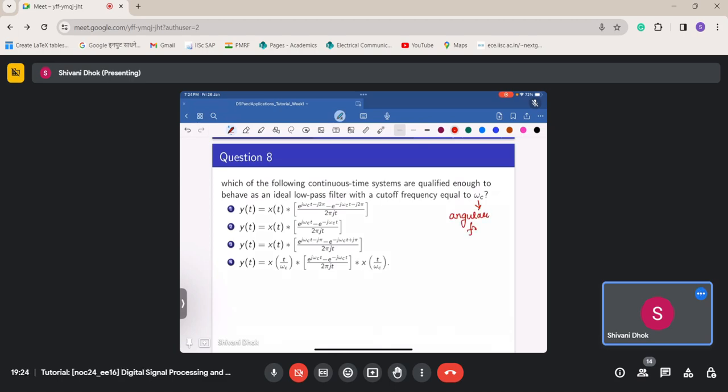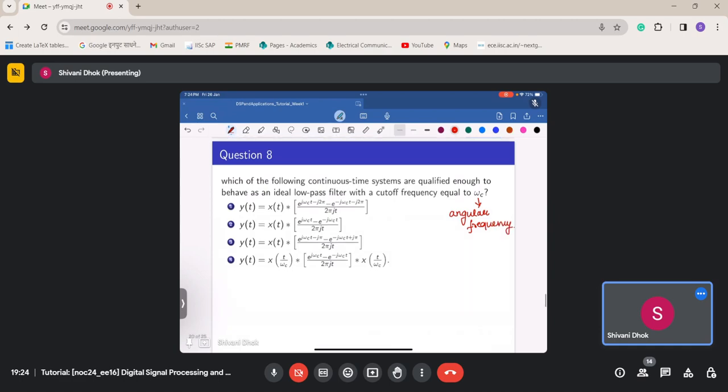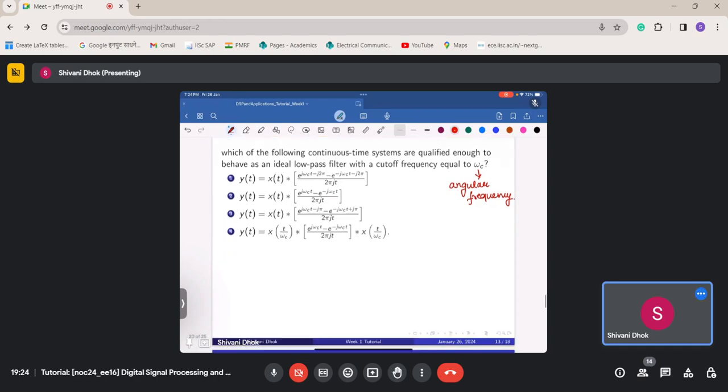We have been given 4 options, so out of these 4 we need to look at which is the correct option. For that, let us look at how this low pass filter looks.